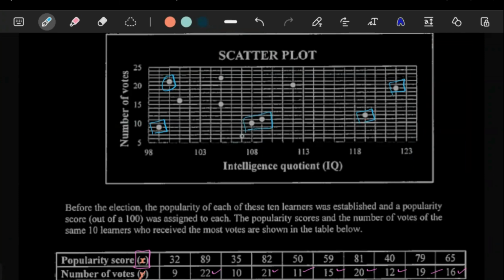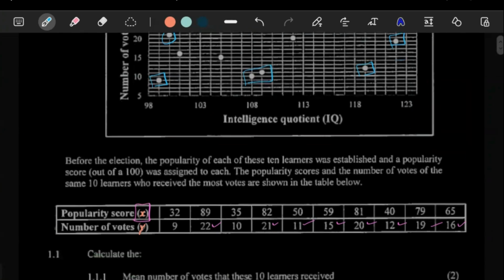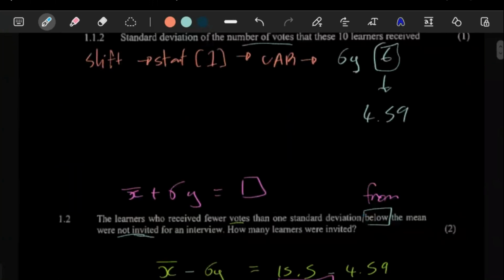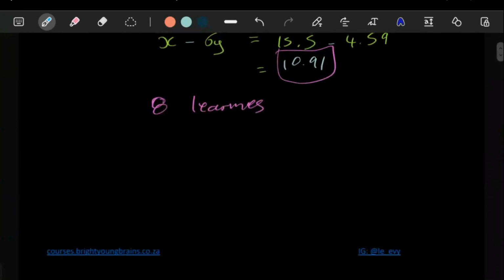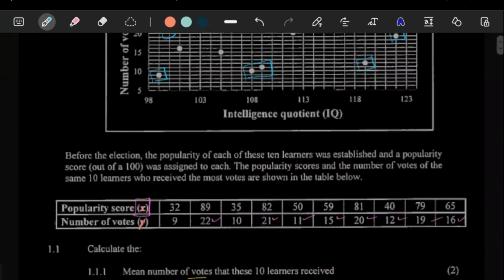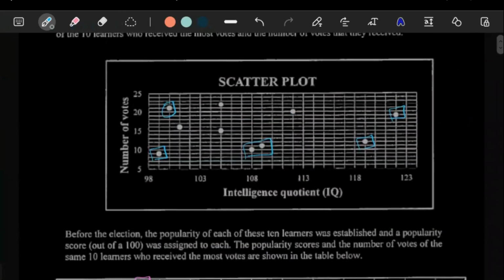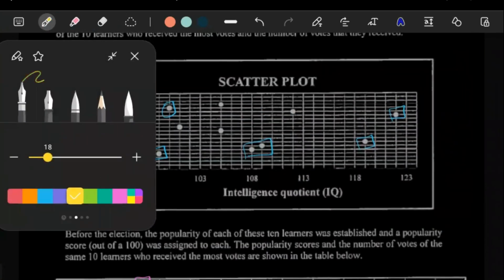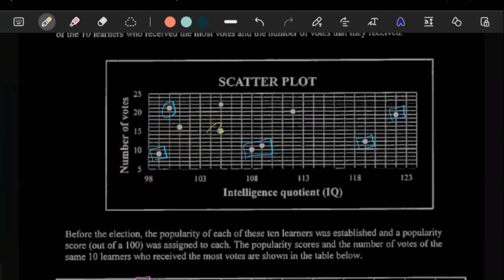And then here, average IQ has low votes. So judging from the scatter plot and from the number of votes these people are getting, we can see that if you were to draw a line of best fit, it would almost be a straight line.